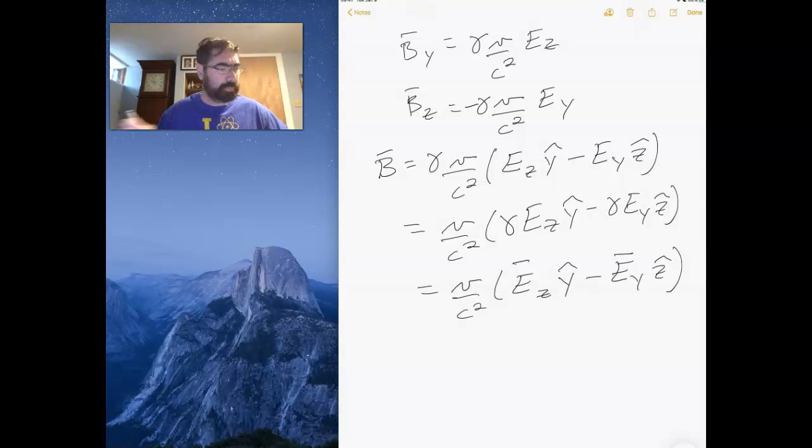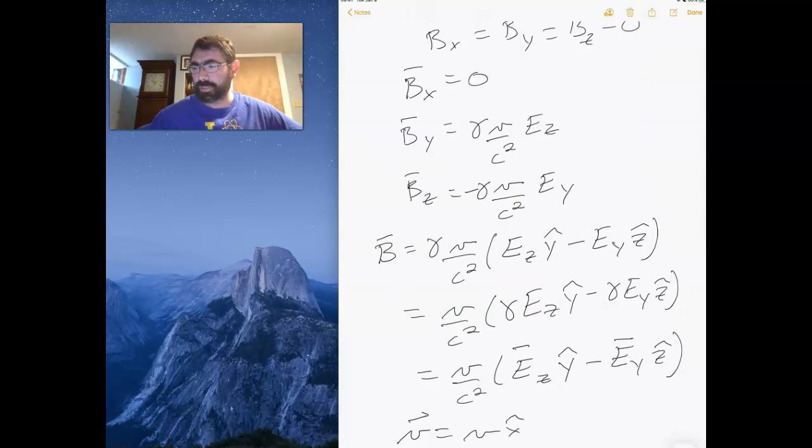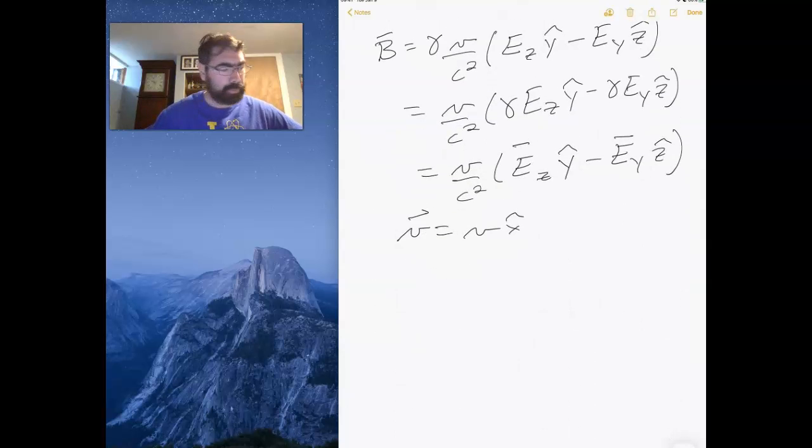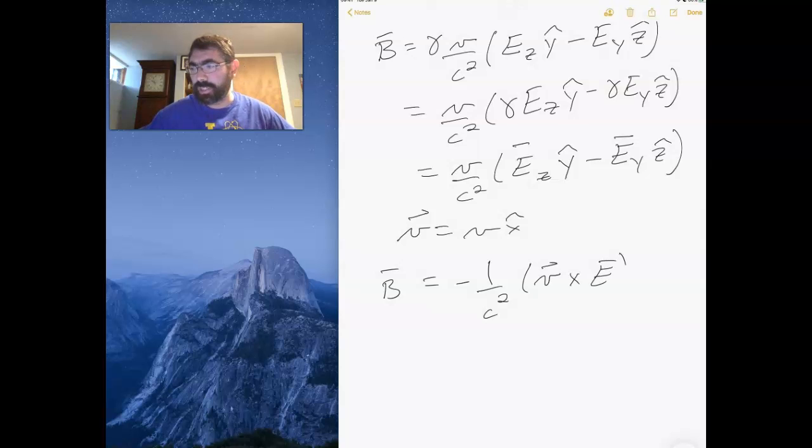And if you remember, the velocity is in the x direction. So what we come down to is B, measured in the S bar frame, is minus 1 over c squared, the velocity crossed into the electric field, as measured in the S bar frame.